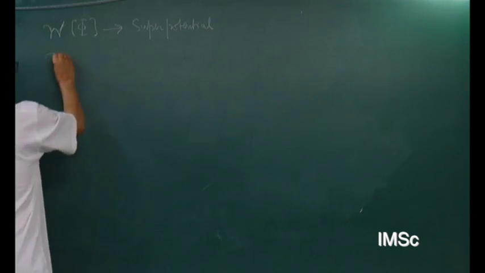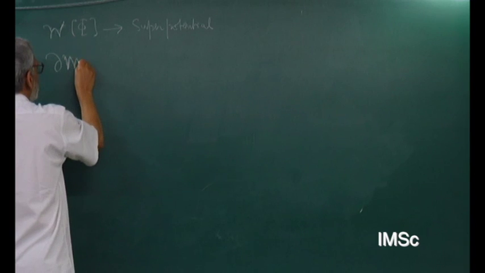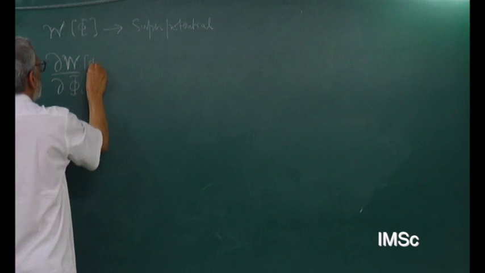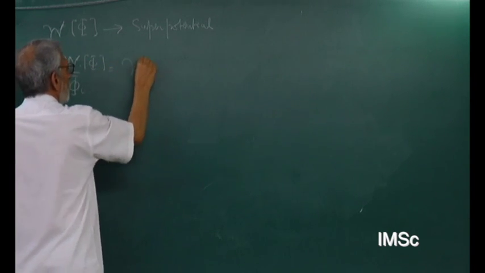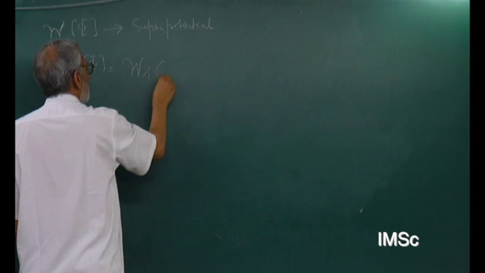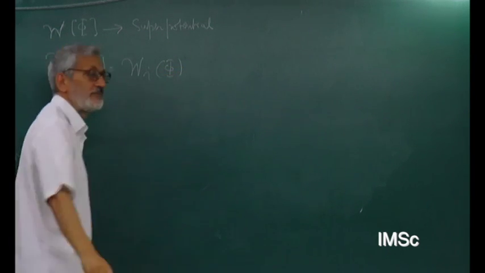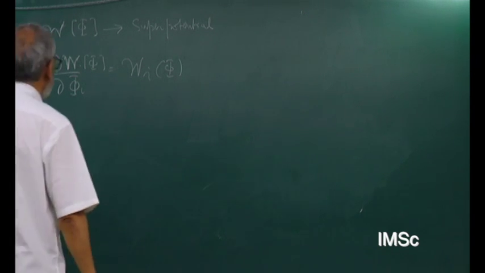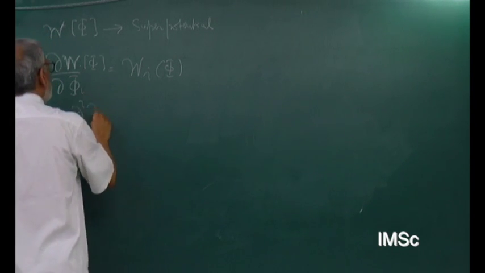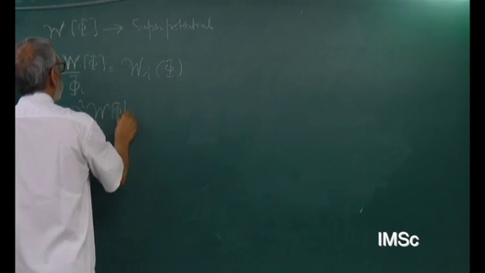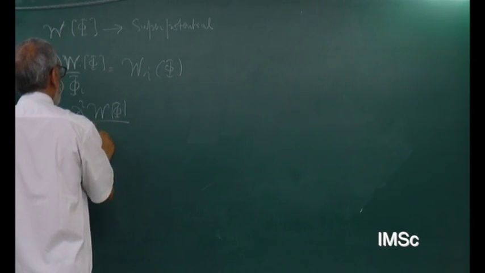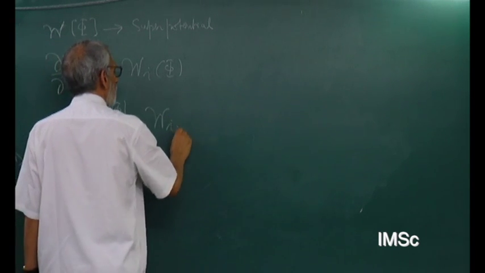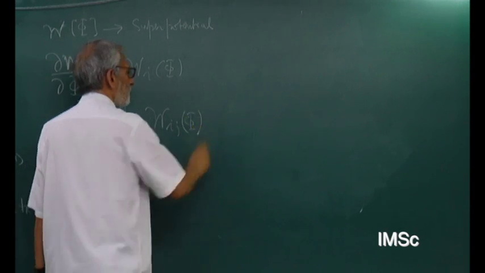Take first derivative of superpotential with respect to superfield I and call it Wi of phi. Some notation. Take the second derivative with respect to phi I and phi j and call it Wij phi.